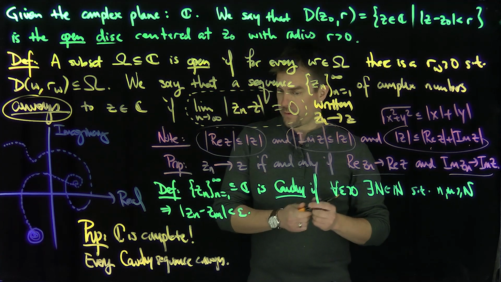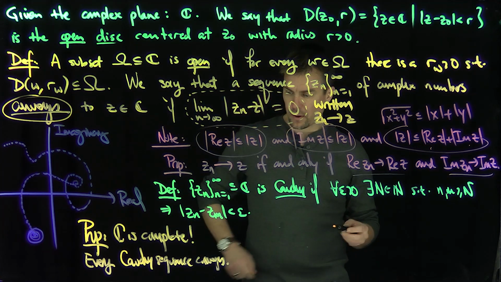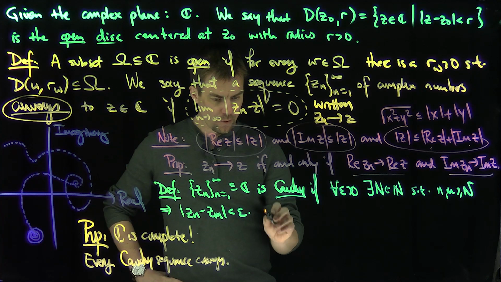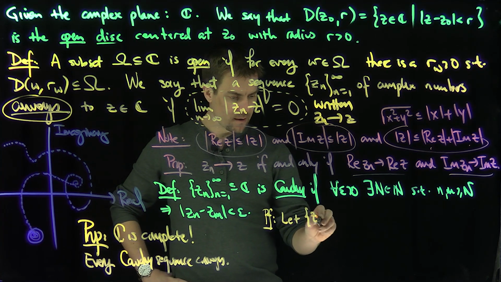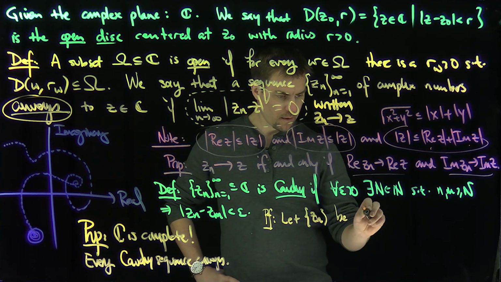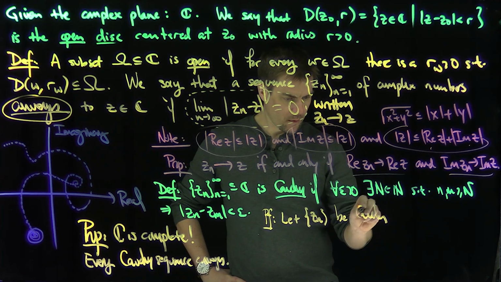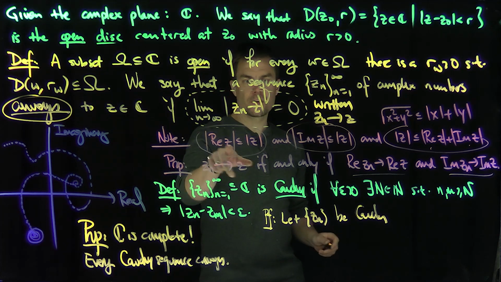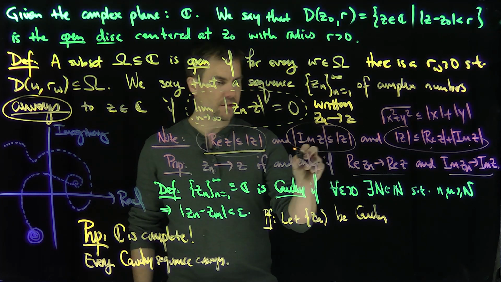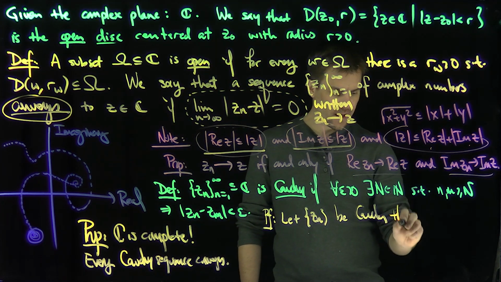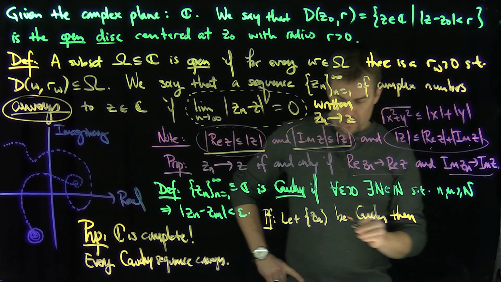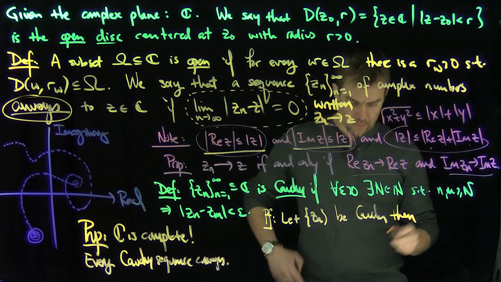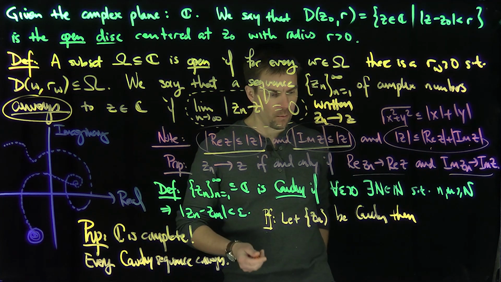All right, and so how do we prove this? Of course, the proof is as follows. So suppose that, proof, let Zn be Cauchy. Then what can we say? These inequalities over here say what? Well, let's be more formal about it, right?